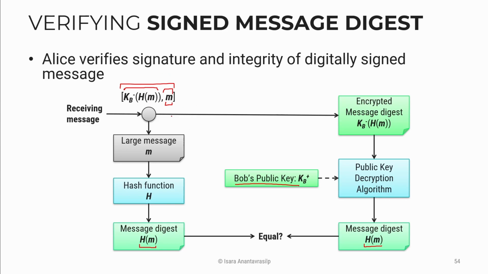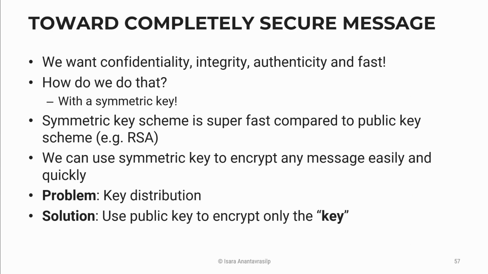All this may work, but how can we verify, how can we authenticate that Bob is the actual owner of this public key? So we want confidentiality, integrity, authenticity, and speed. It means it has to work fast. How do we do that?